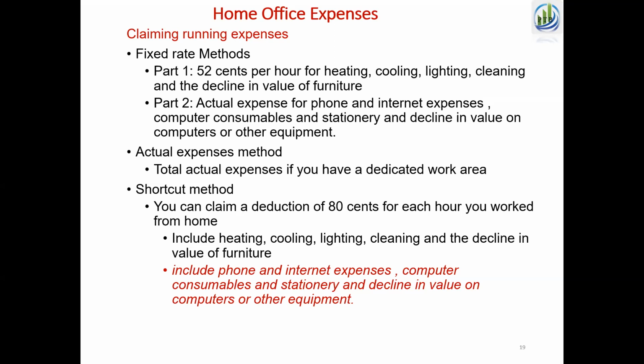So you want to work it out for each client separately. Most of the time, we use the fixed rate method. However, you want to see which method is going to give more benefit. But especially when you use the shortcut method, you must know I cannot claim phone expenses or internet expenses or anything, because it's already included in the 80 cents.